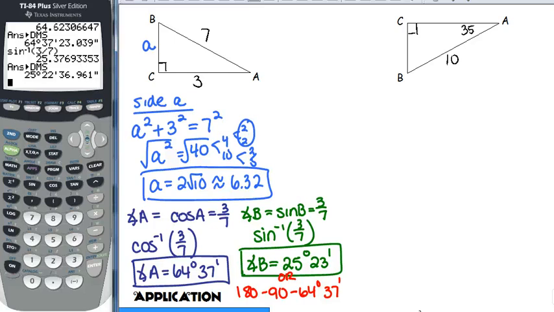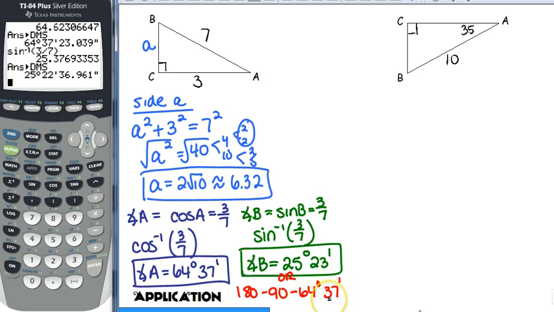Alright, I did make you do this the long way, and hopefully you ended up with 25 degrees 23 minutes. For future reference, we know that all 3 angles in a triangle add up to 180. So 180 minus 90 minus the 64 degrees 37 minutes.